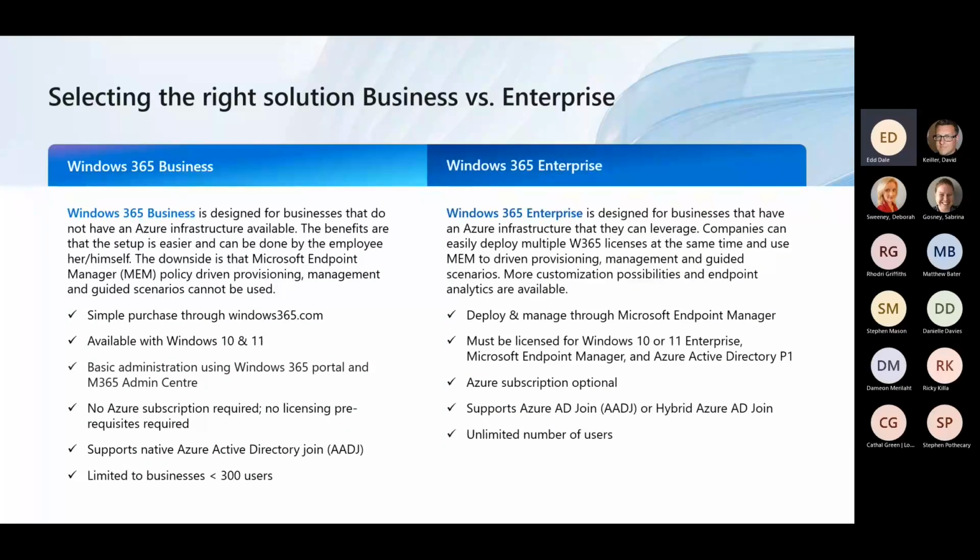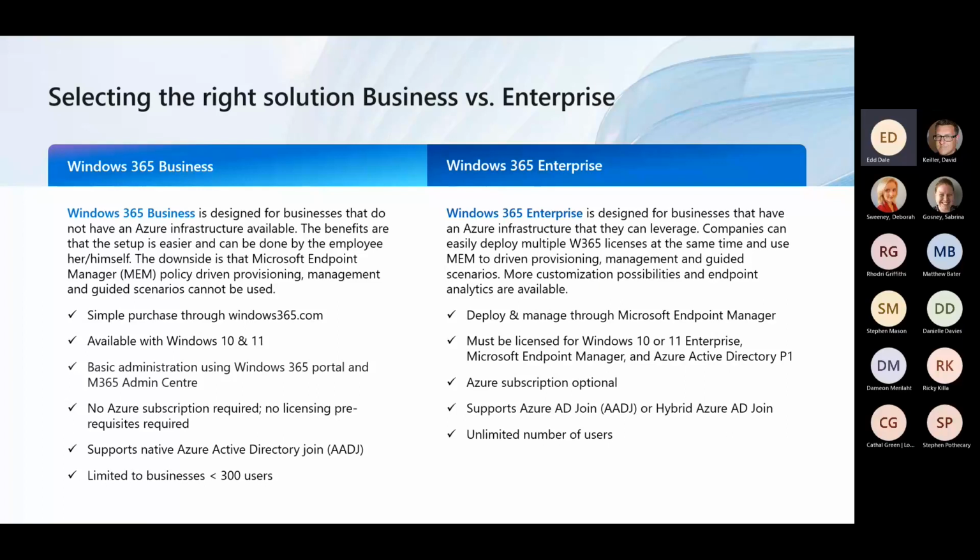Now, I mentioned a moment ago that there are two different versions of Windows 365. So there's Windows 365 Business and there's Windows 365 Enterprise. I'm not going to run through these line by line, because that's not going to be particularly interesting. But Windows 365 Enterprise, you're able to deploy and manage through Microsoft Endpoint Manager. So a lot of enterprise IT admins, and maybe some of you on this call, will be familiar with MEM.